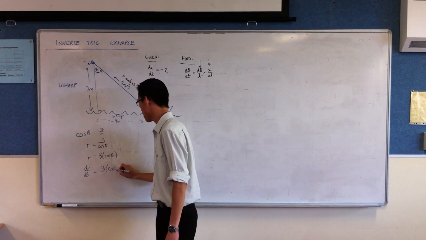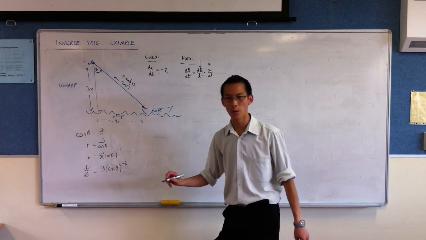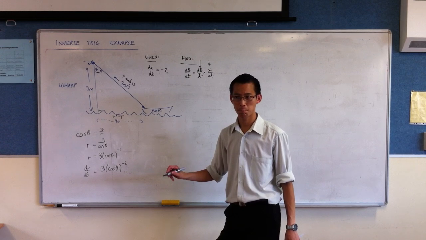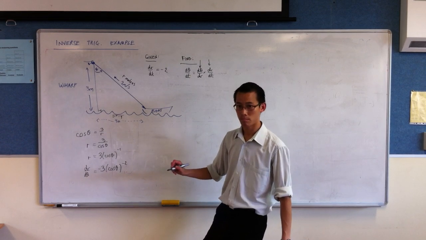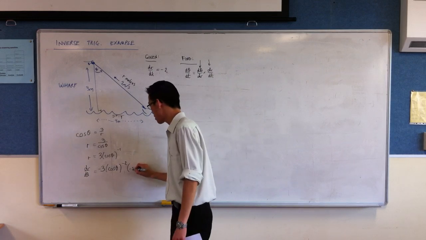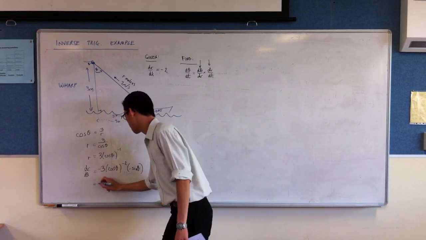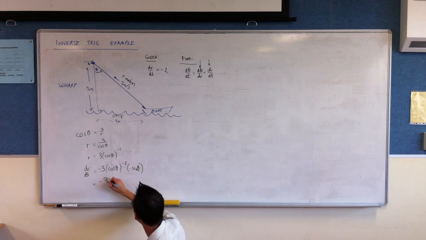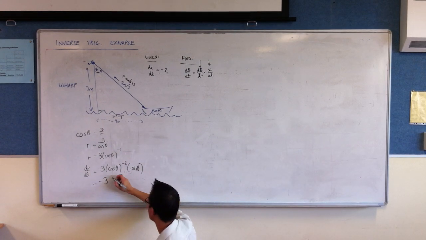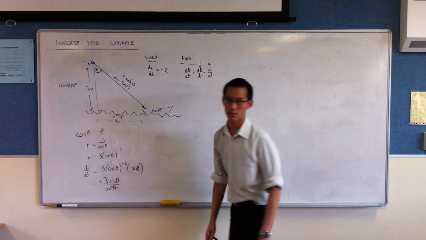I've got cos theta to the power of, reduce it by 1. Now what? Derivative of the inside, right? Chain rule, yeah? So I've got minus sine theta out the front. Okay, so minus 3. Oh, I know why. Sorry, never mind. Just thinking myself. That's a plus. And there's our cos squared theta.